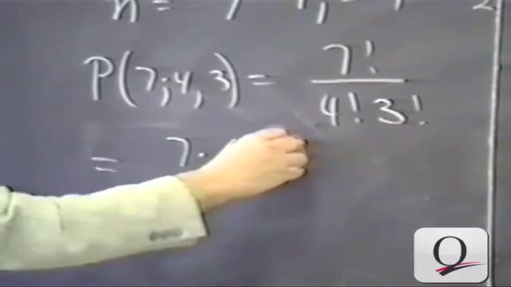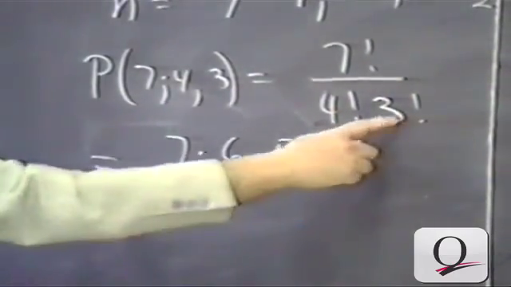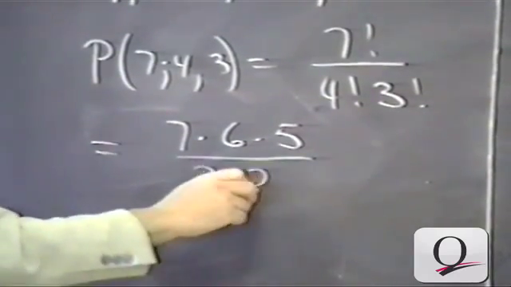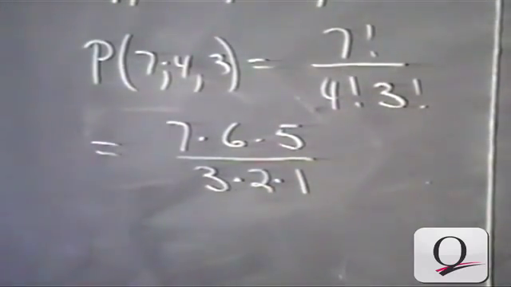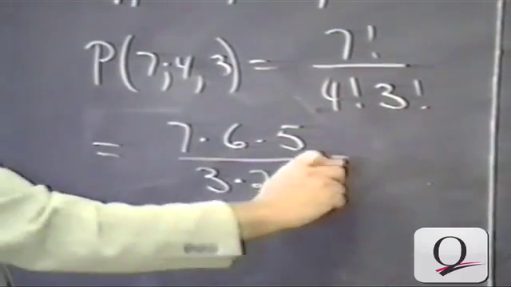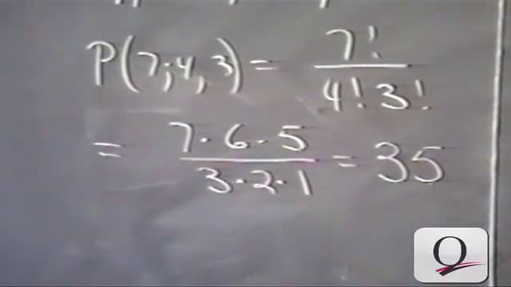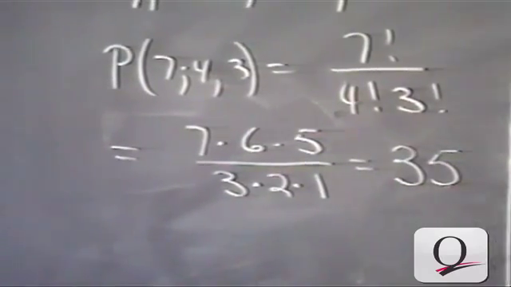I go no further because the 4, 3, 2, 1 is canceled by this 4, 3, 2, 1, but I still have this 3 factorial. Now on the bottom, this 6 cancels this 6, and the answer is I have 35 distinct, recognizable permutations.